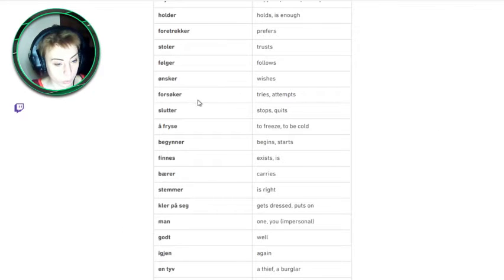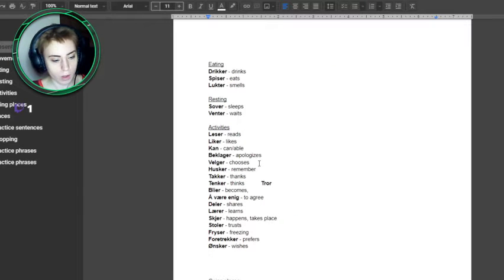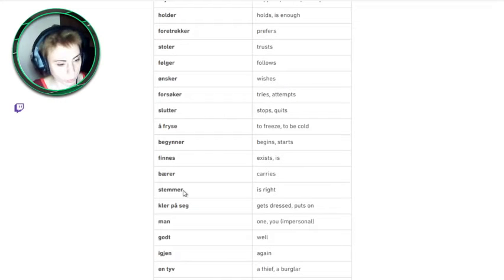Forsøker, tries, attempts. Slutter, stops, quits. Oh, that's a good one. Wait, that's more of an action. But I think slutter is the verb for stop or quit.